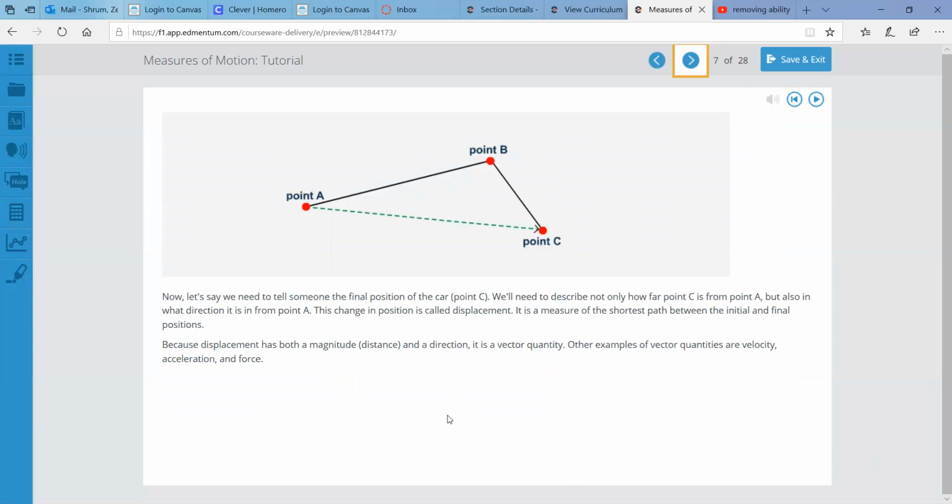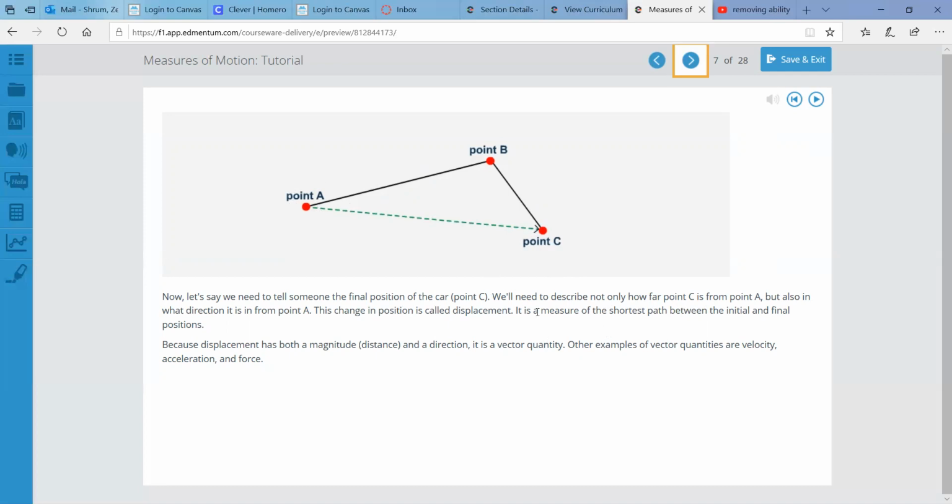Now let's see. If we needed to tell someone the final position of point C, we need to describe not just how far away it is, but also in what direction it is in relation to the first point. And this change in position is called displacement.